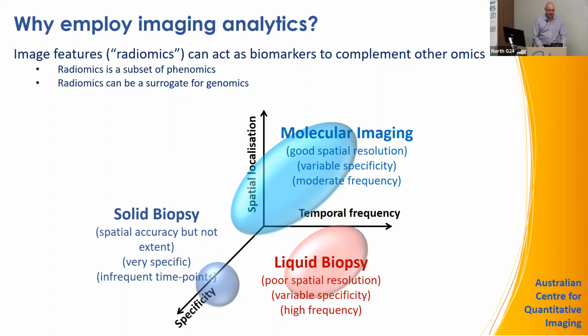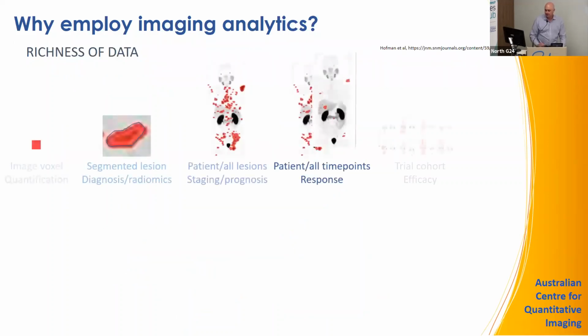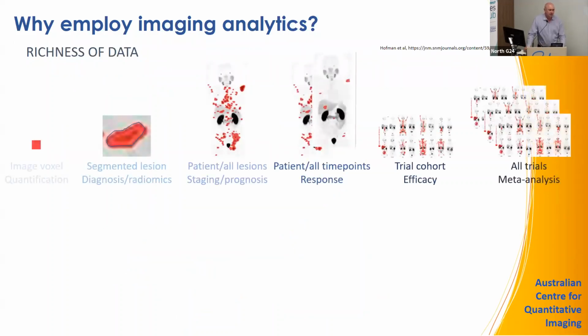So this would span a fairly large proportion of this space. It's very rich data, so we can look at everything from an individual image voxel all the way through to an entire trial cohort, and maybe even between trials. So it gives us a large space to search from, to look for markers of progression or diagnosis.